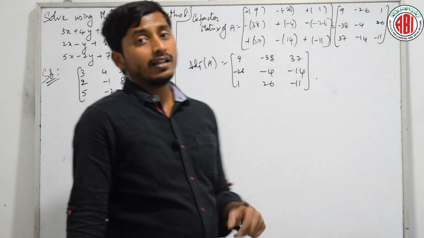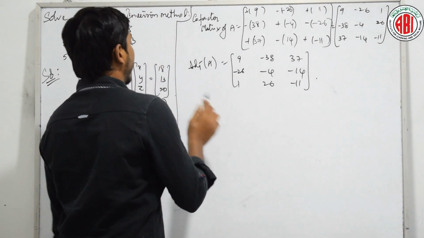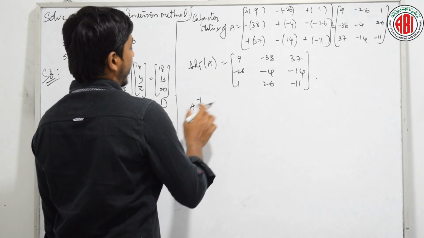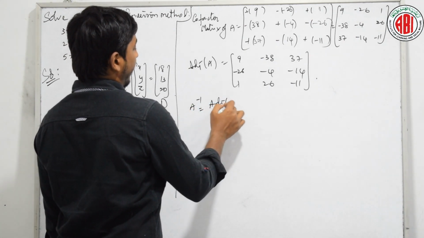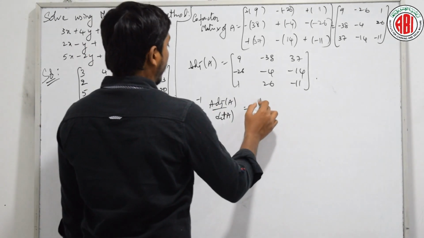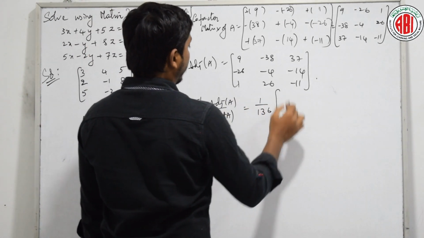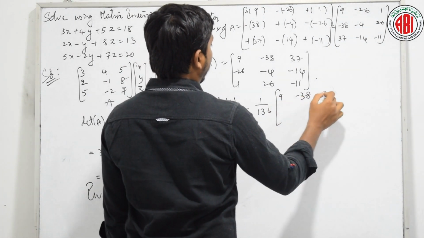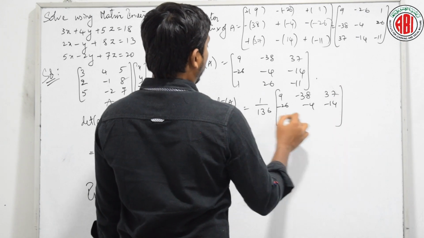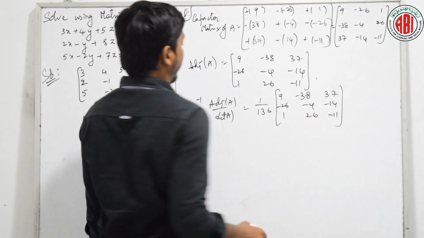Now I have to write A inverse as adjoint A by det A, that is equal to 1 by 136 into this matrix.